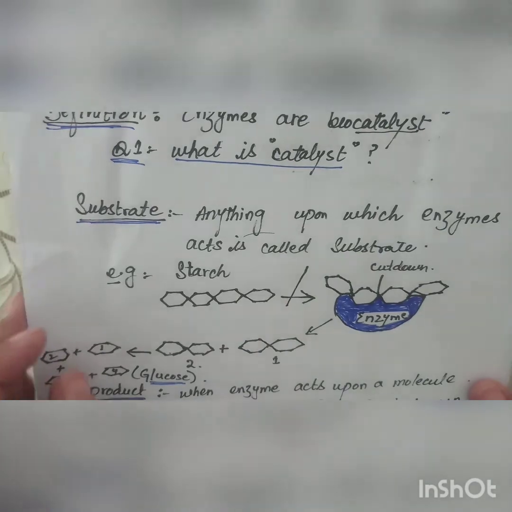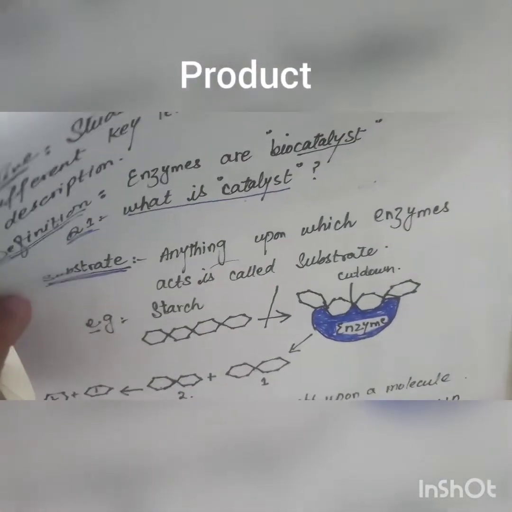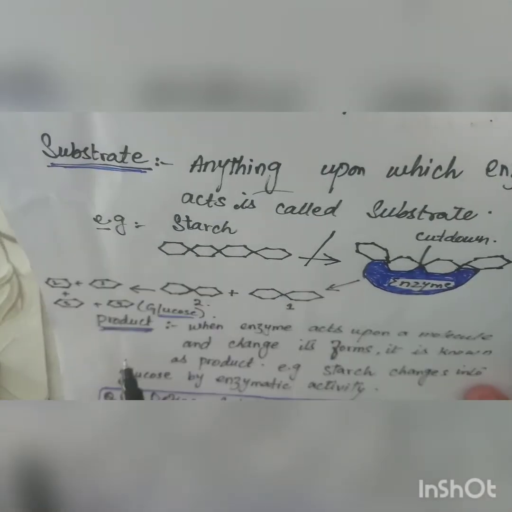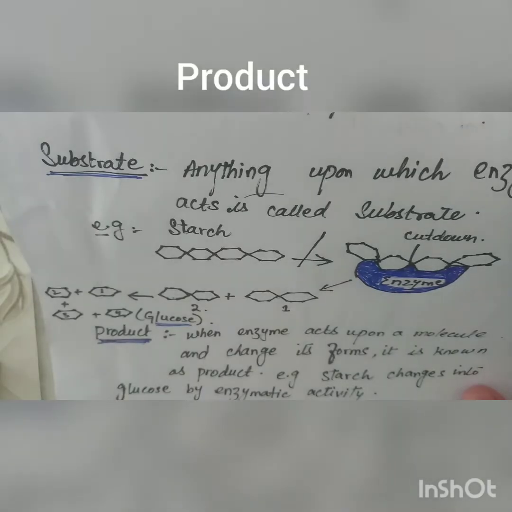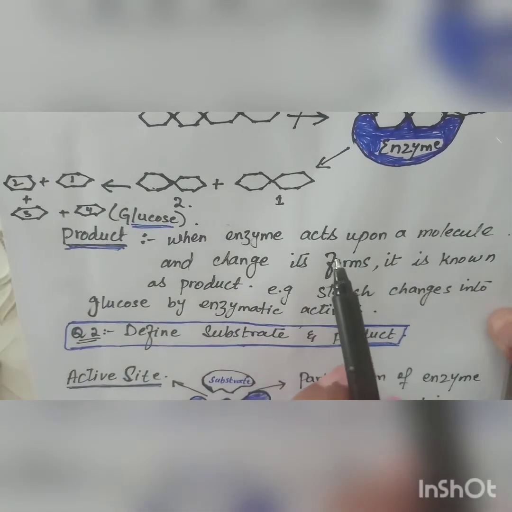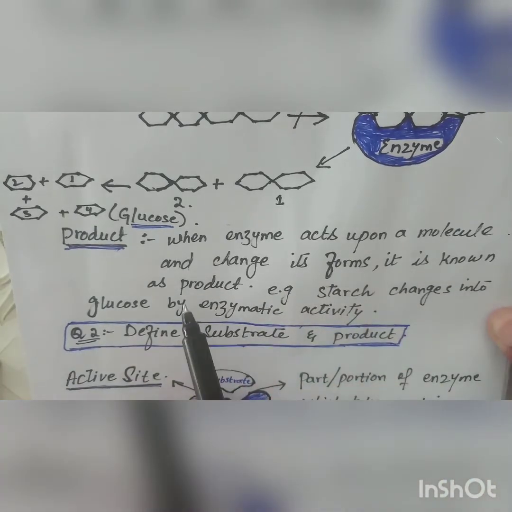And the next is product. When an enzyme acts upon a molecule and changes its form, the result is known as the product.